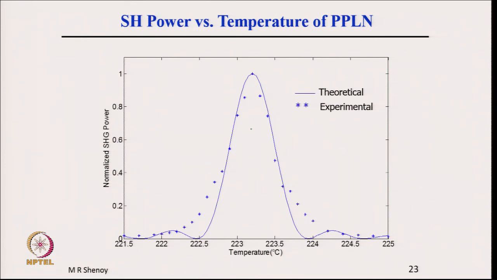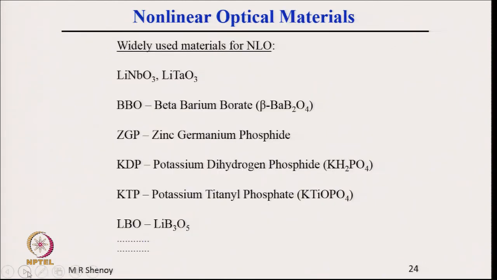You have to be at the right temperature because the refractive index n is a function of temperature. So, by tuning the temperature, you can obtain the correct refractive index to achieve phase matching. That is called temperature tuning in a periodically poled lithium niobate.